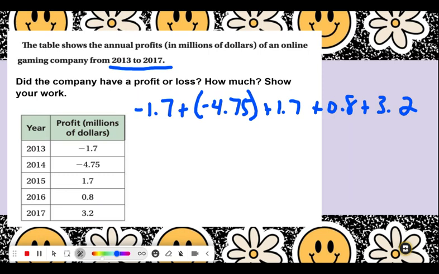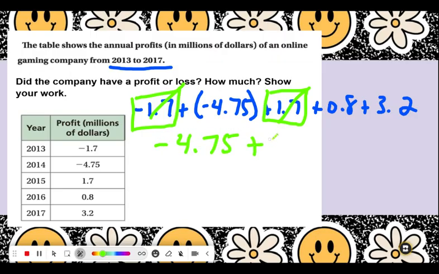So do you see negative 1 and 7/10 and positive 1.7? We can cross those out. So I have negative 4 and 75 hundredths plus 8/10 plus 3.2, 3 and 2/10.